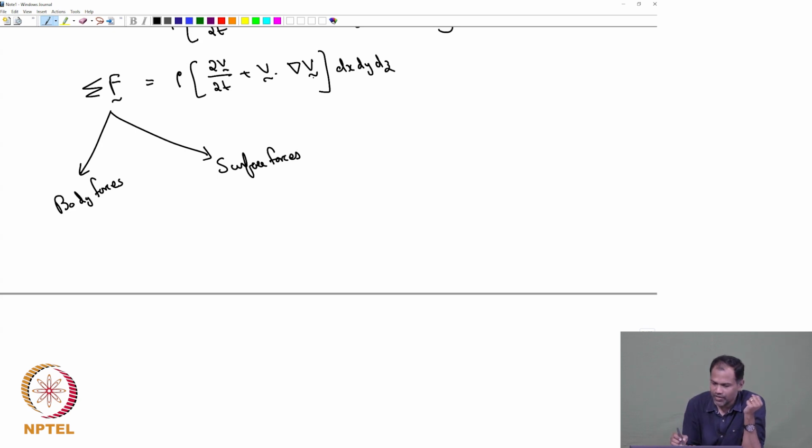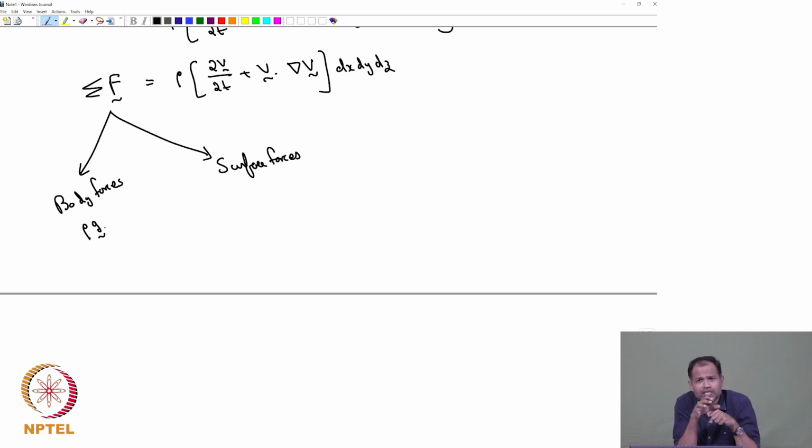Here it is obvious that if I take dx dy dz to the left hand side, I really need the force density, or the force acting per unit volume, and that is nothing but rho times g. The force is really m times g, but if you are talking about the force per unit volume, it is rho times g. So, rho g is the force that is going to come up as a body force.